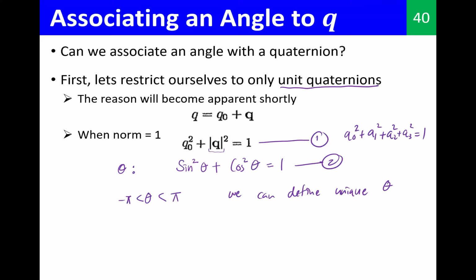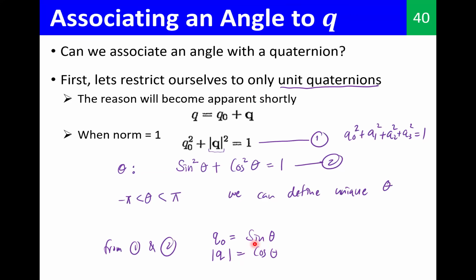Therefore, now you can see, I can think about q0 as cos theta and the magnitude of the vector part as sine theta, from 1 and 2. So you can see I carefully integrated an angle into the quaternion, right?